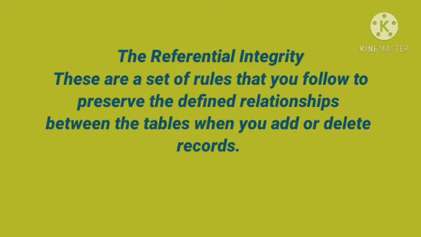Now students, in simple meaning, there are two things. First, adding records in the secondary table: if you add records in the secondary table, there is no need to add them again in the primary table. They will already be added by Access. And second, deleting a record from the primary table. Suppose you delete a record from the primary table; it will be deleted from your secondary table also.